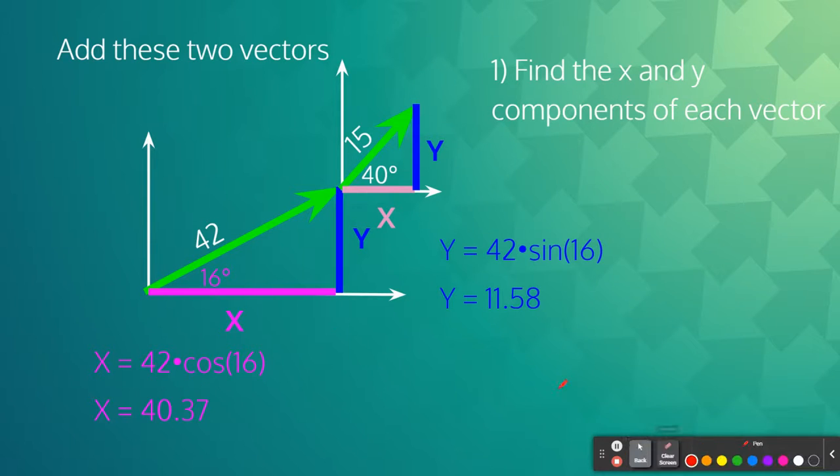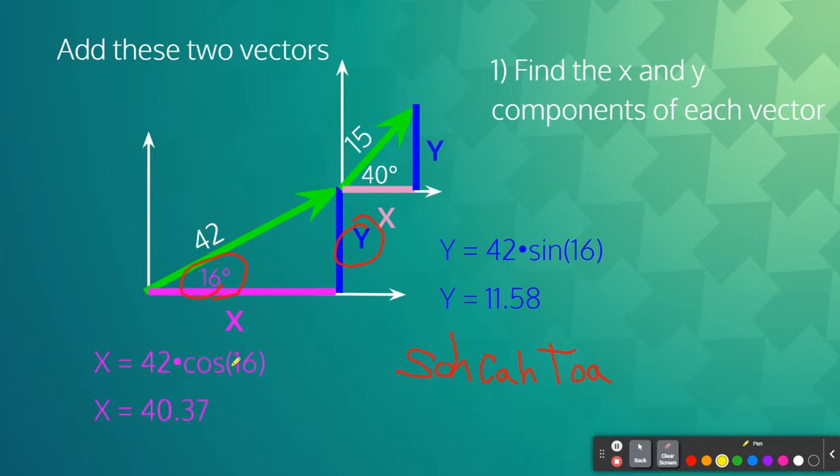To do that, I'm going to use cosine for the x's because it's adjacent to my angle, and cosine is adjacent over hypotenuse. And the y side is the opposite side, so I'm going to use sine. Just remember that we have SOHCAHTOA.